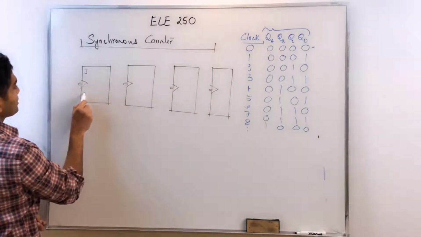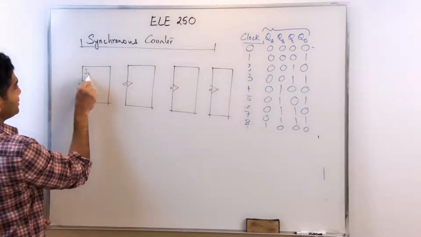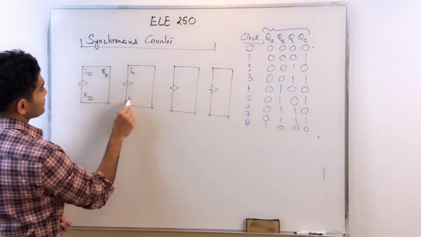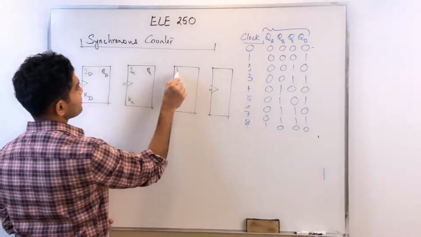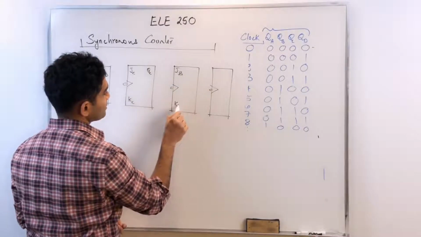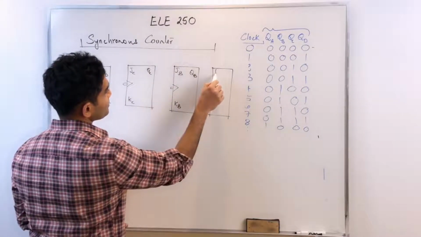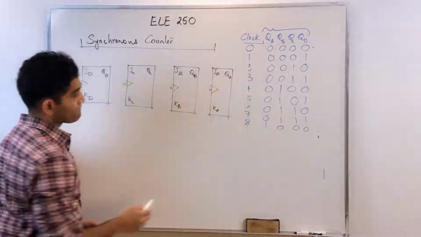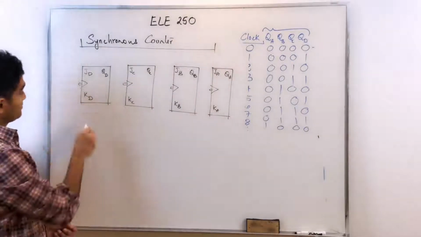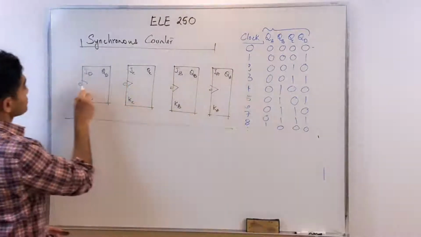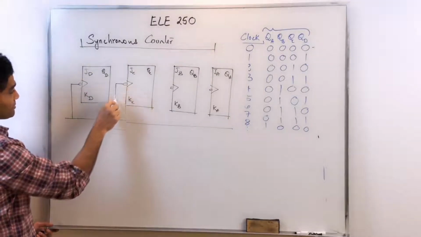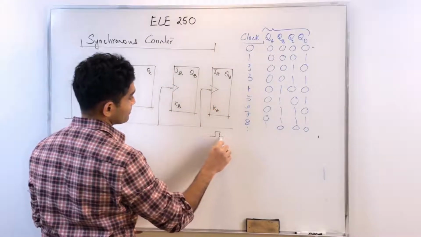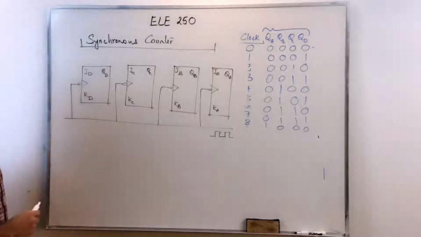These are the J, K inputs: JD, KD, QD, JC, KC, QC, JB, KB, QB, JA, KA, QA. Now, I'm making it synchronous by ensuring that each of my flip-flops is connected to the master clock, so everything is synchronized with the master clock.